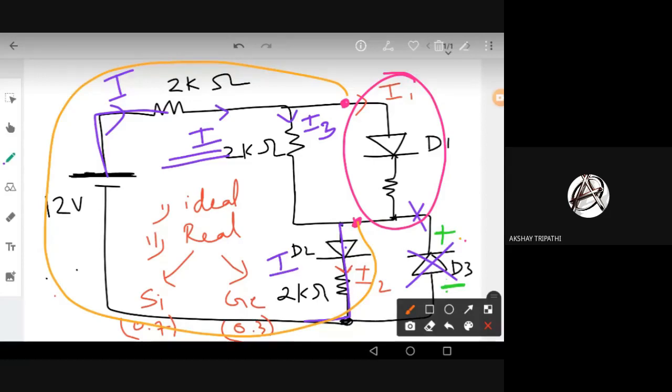When you model that whole circuit into a Thevenin model, you have to think about how I'm going to represent this diode D2. Diode D3 is not there because it is always out of question. It has no current.